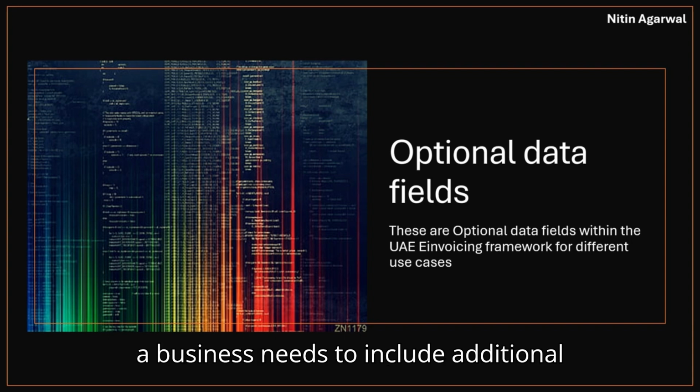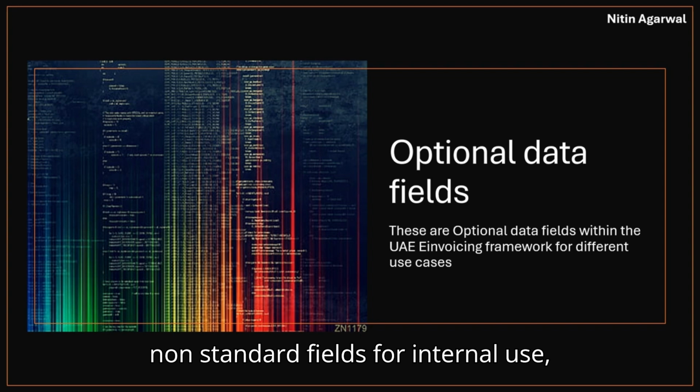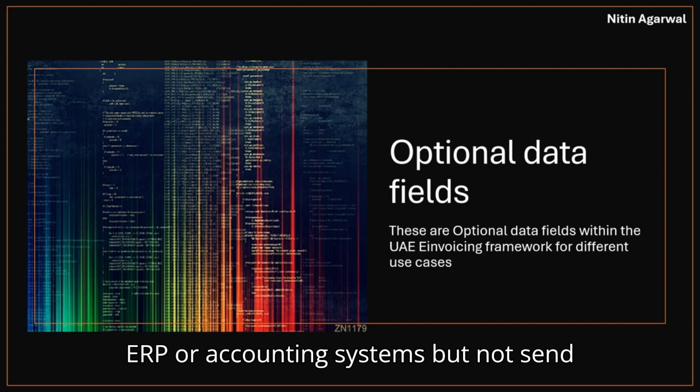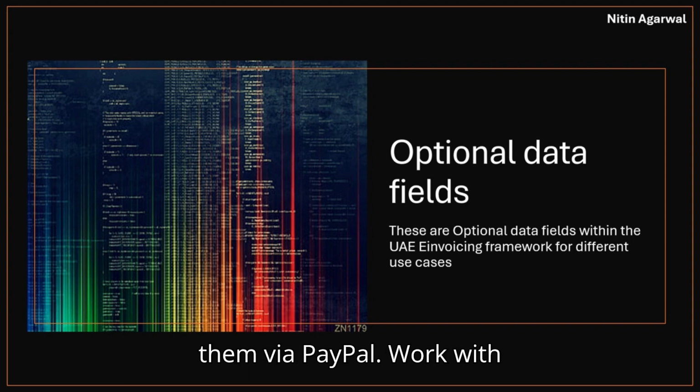This ensures that Peppol-compliant invoices remain interoperable across different countries, systems, and businesses. If a business needs to include additional non-standard fields for internal use, they should store them in internal ERP or accounting systems, but not send them via Peppol.